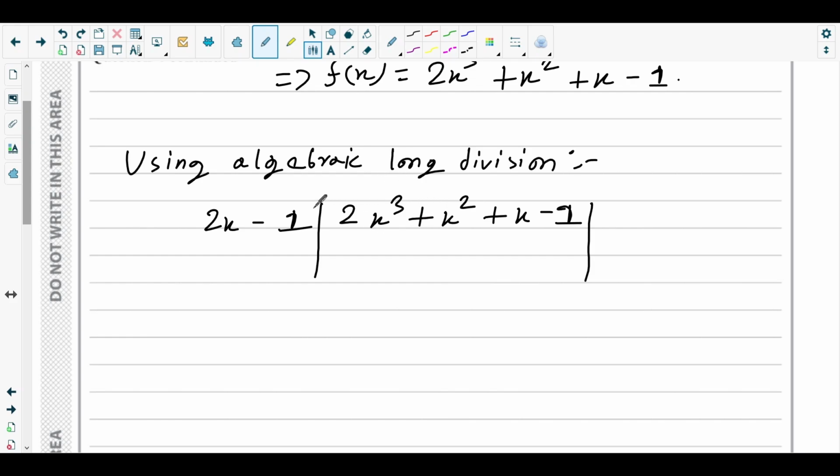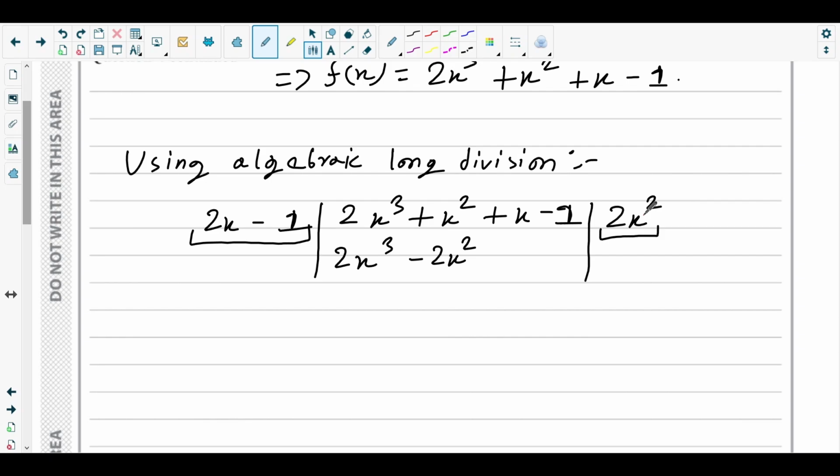In the quotient, the term will be such that if it is multiplied by the expression 2x minus 1, the first term of the dividend should get eliminated.